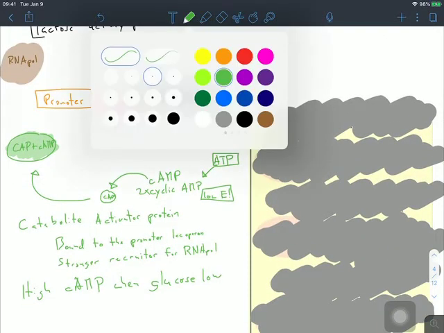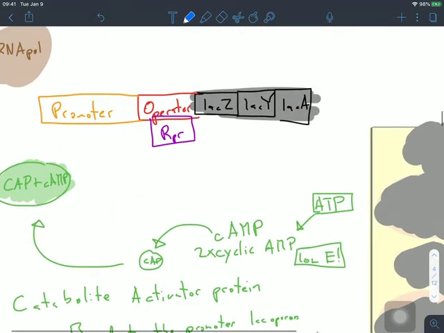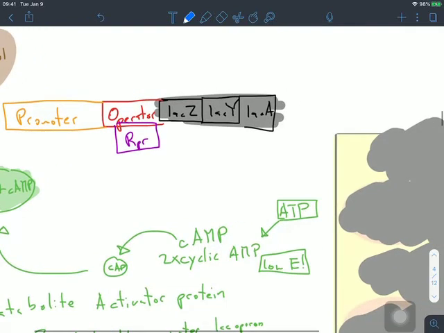At the same time that CAP-cAMP is doing that, we also have our regulator of the repressor. Now the repressor will be bound to the operator normally. The thing that will pull the repressor off is the presence of lactose.